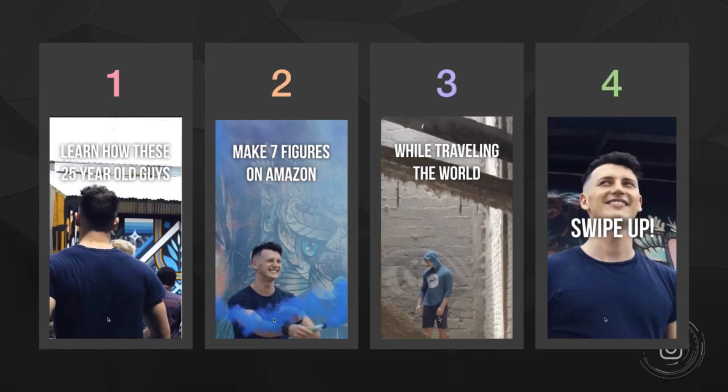So these are the 4 steps in the story. Step number 1, learn how these 25-year-old guys. Number 2, make 7 figures on Amazon. Number 3, while traveling the world. Number 4, the call to action, swipe up.